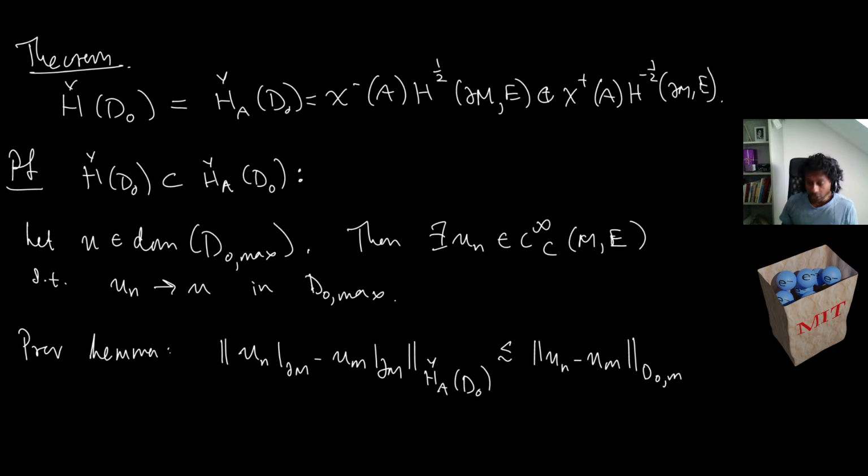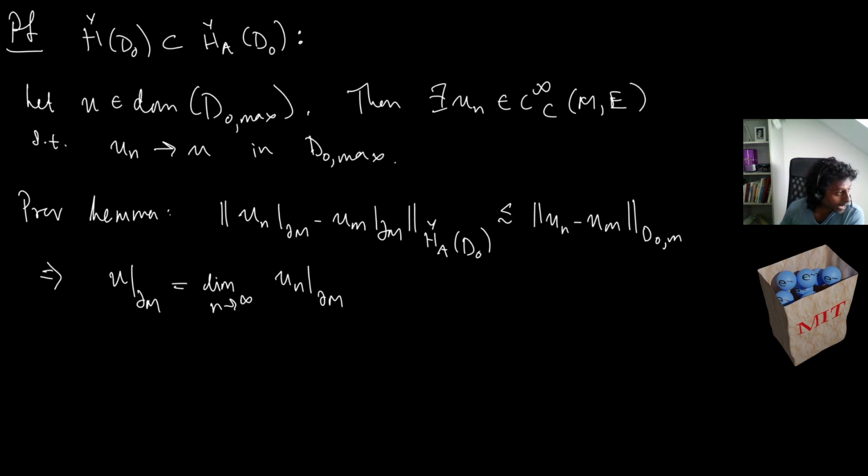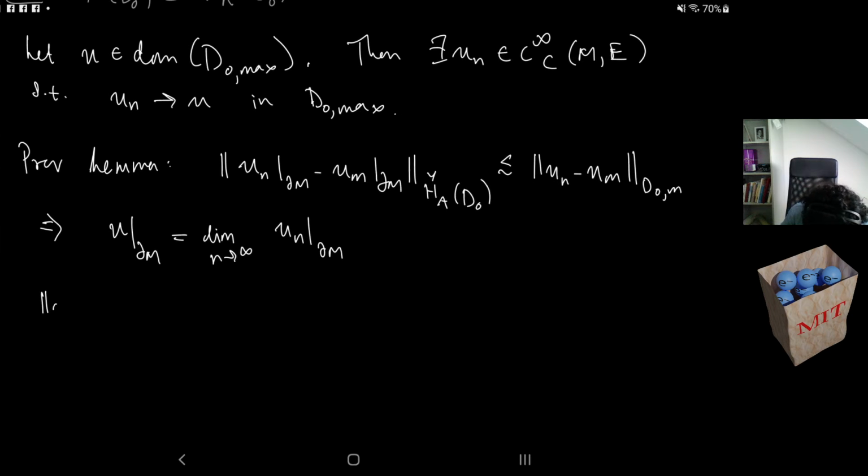So in particular, because this converges to U, this sequence is Cauchy. Because this sequence is Cauchy, the trace map is well defined, so this is exactly equal to the limit as n tends to infinity of UN restricted to the boundary. And in particular, we have the following, I mean, this trivially follows.